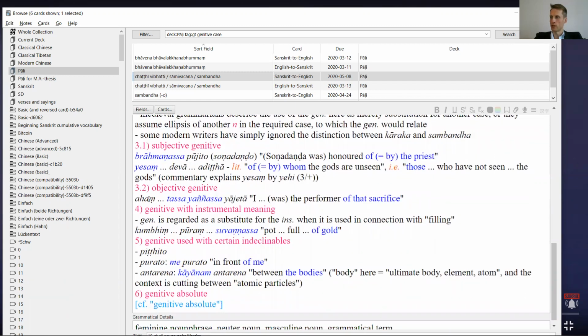And as an example for the objective genitive, ahaṃ tassa yaññassa yajetā, I, ahaṃ, was the performer, yajetā, of that sacrifice, tassa yaññassa. Here, tassa yaññassa is the object of the sentence.